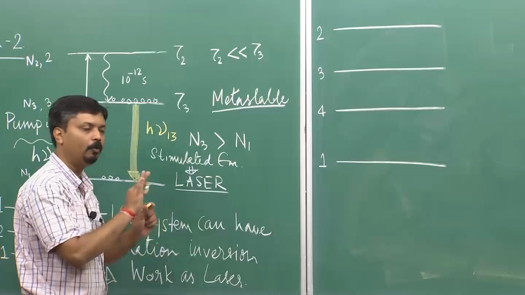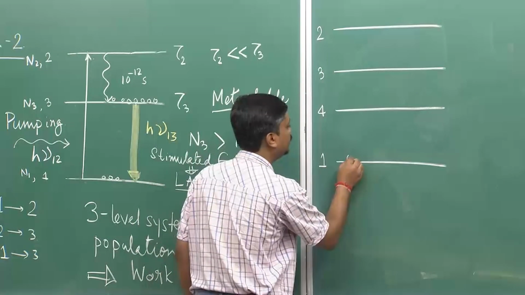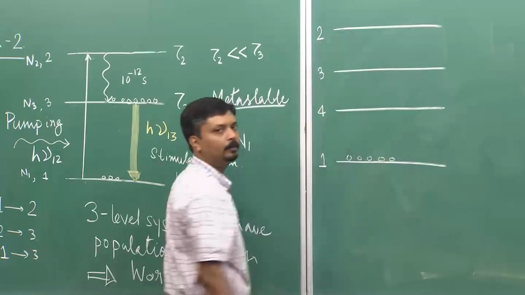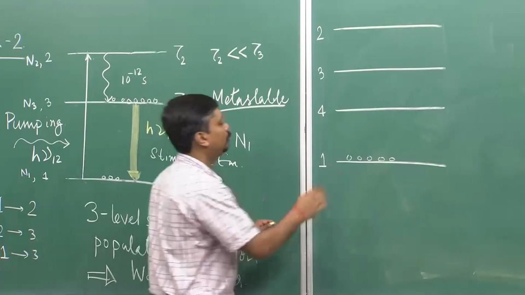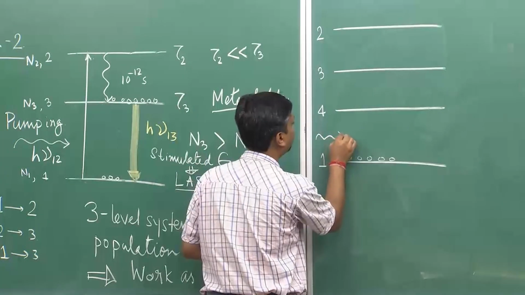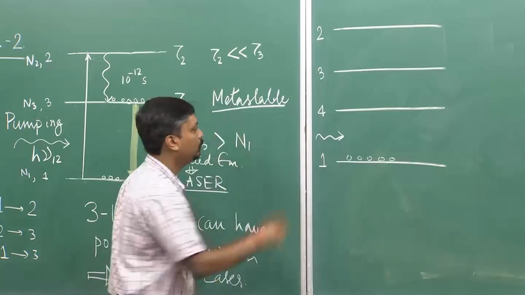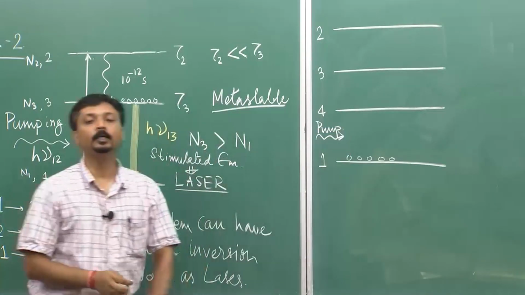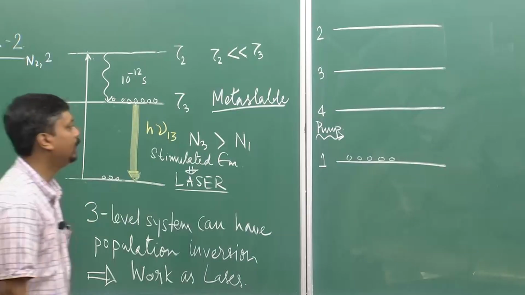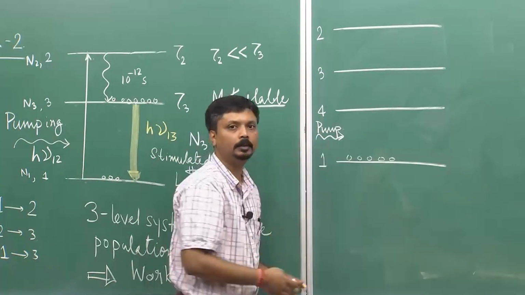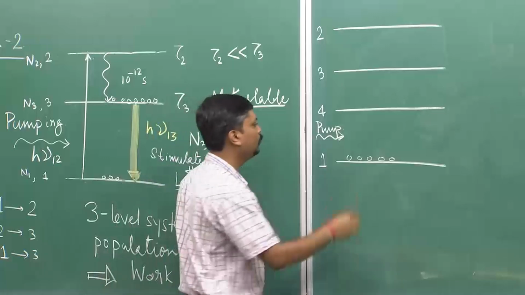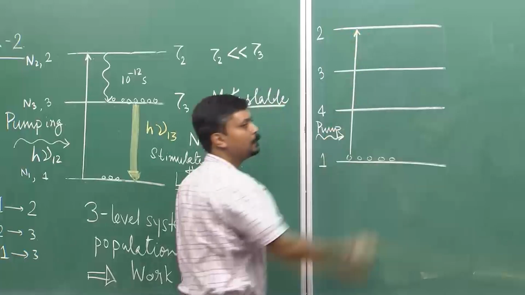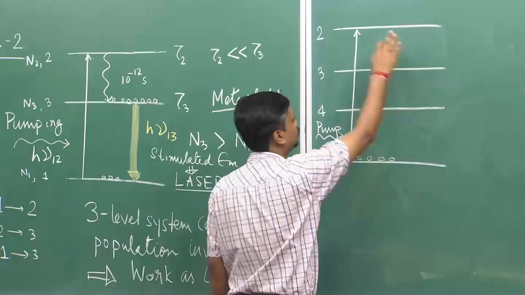We will come with a photon and take the atoms which are here to this level. Okay. So, when I send the pump in, so this is very necessary to get familiar with these terms, pump. Okay. So, let us pump this to level 2. So, I create some population.